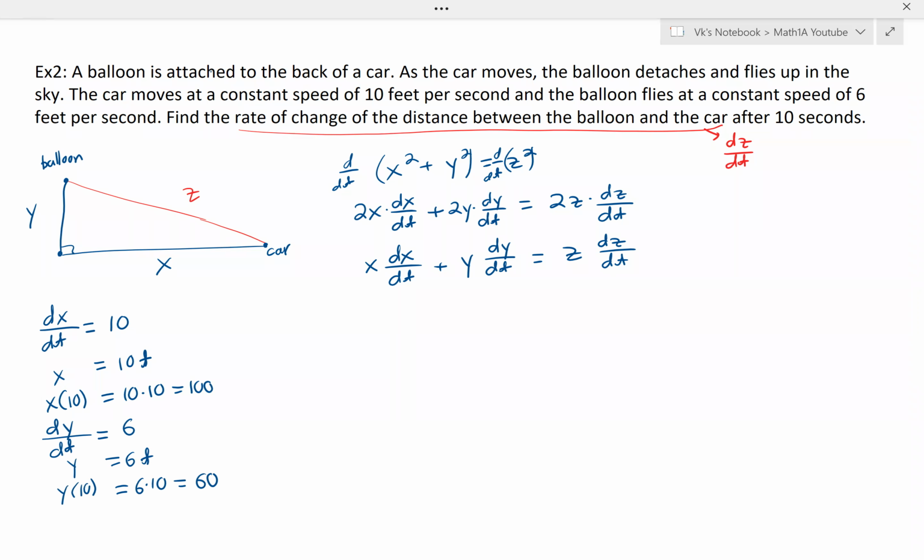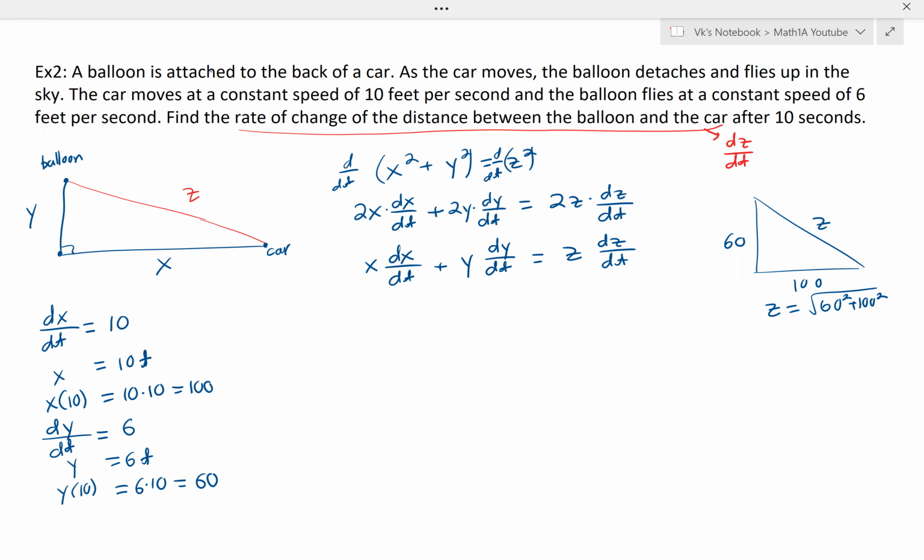We have all the information here, except for z. Well, if we know x is 100 and y is 6t, then we know z, because that is what we have. z is the square root of (10t) squared plus (6t) squared.